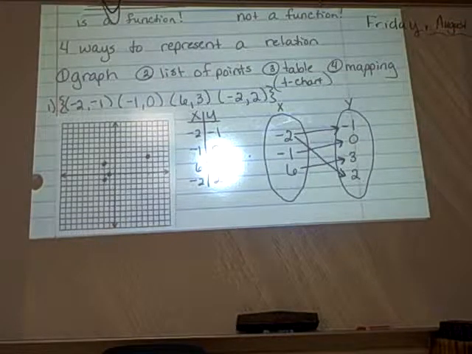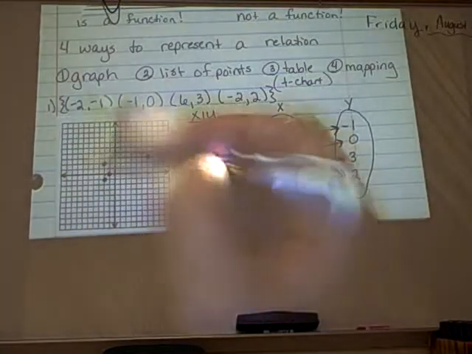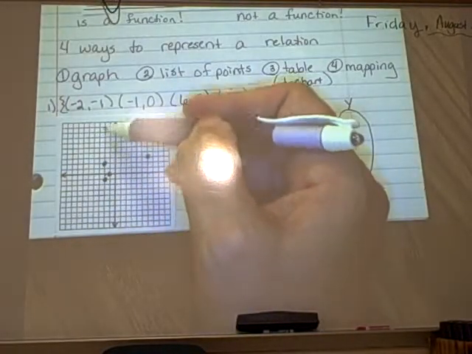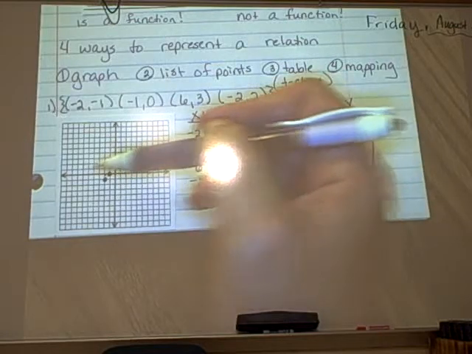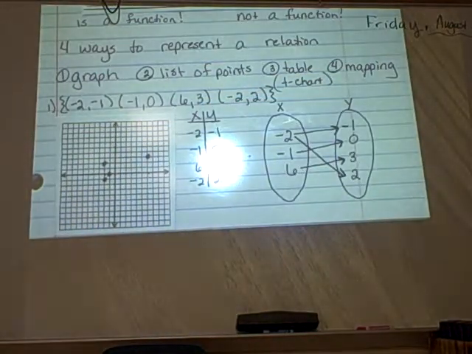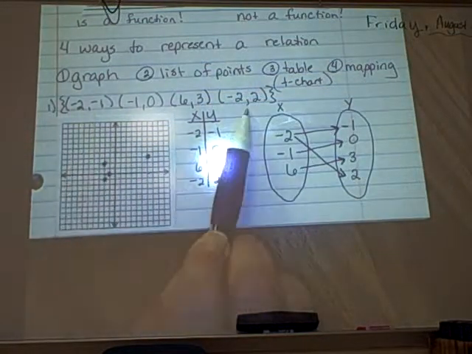Okay, now, before we move to the next one, looking at this one, we already said it's a relation because it's a group of points, but is it a function? No, why not? Because the 2 points are lined up. If I did a vertical line right there, I would hit both those points, wouldn't I? It's not a function, which means 2 of the x numbers repeat themselves. That -2 is twice.